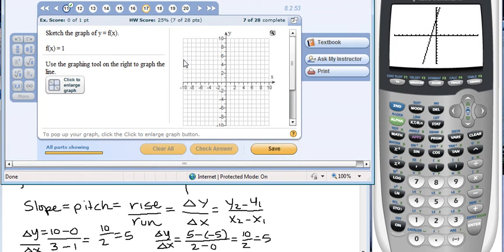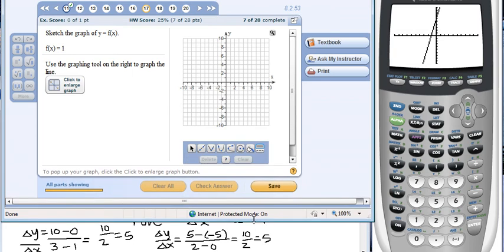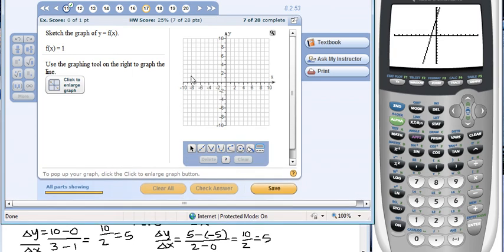And then we're going to be sketching a graph. This is again review. Well, I don't know if we did one like this. This is f of x is equal to 1. This is one of those constant functions. So let's pull down our graphing tool palette. We want to get a line, y is equal to 1.